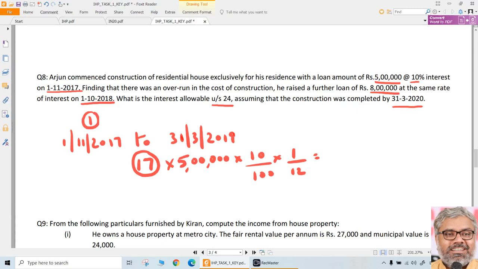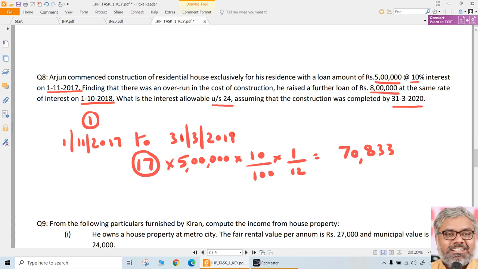So how much will that be? 70,833. That is the interest related to loan number 1. That is pre-construction only. So 5 lakhs into 10% into 17 by 12, 70,833. That is about loan number 1.